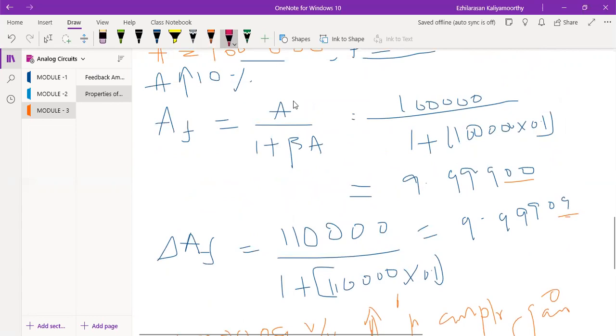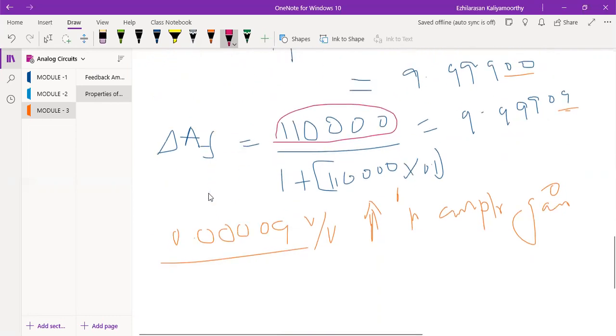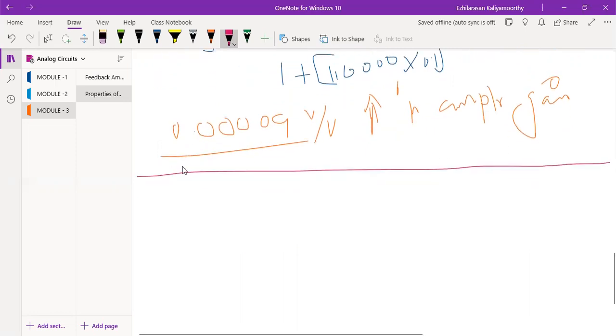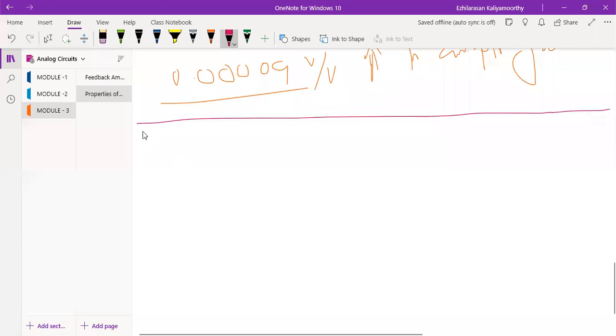Whatever the changes in this A, it won't affect your feedback gain. This is nothing but gain desensitivity. So let us put one simple note here, like the sensitivity.